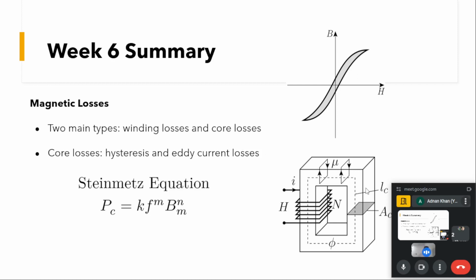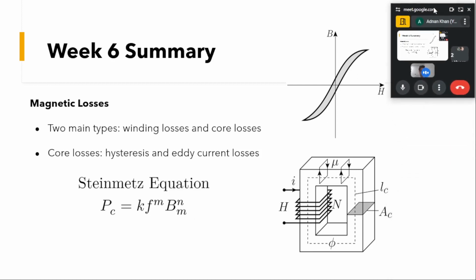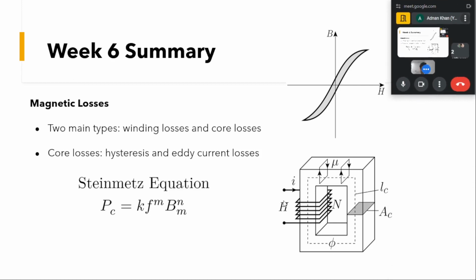The other loss is the eddy current losses. And how do these eddy current losses arise? As we know, with the change in the flux or with the change in the current, an EMF is generated, and due to that EMF a current will be induced.